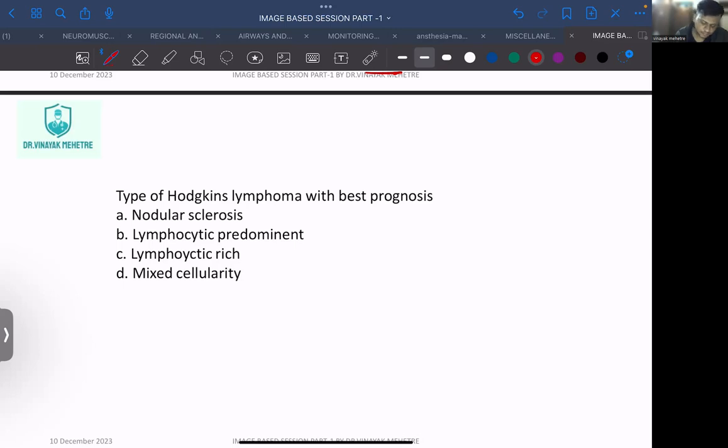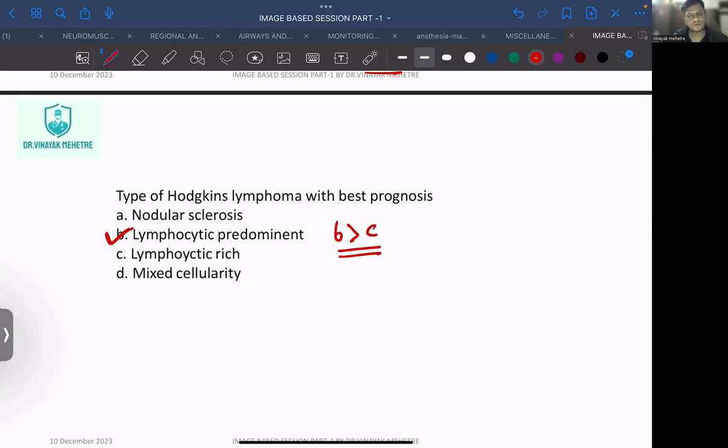The answer is lymphocyte predominant. If lymphocyte predominant is not in the options, then the answer will be lymphocyte rich.